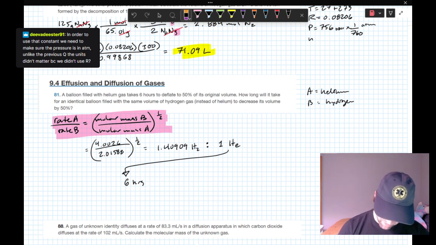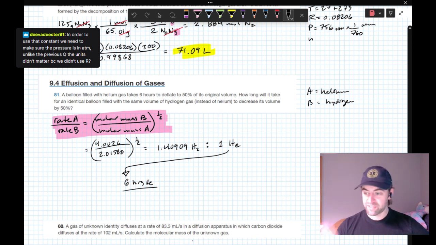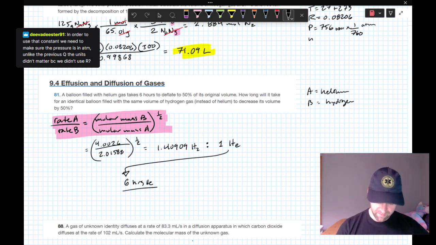No, I'm not going to do that right now. If helium takes 6 hours to get to 50%, and we have this ratio of 1.4 hydrogen to helium, we simply divide it and we get 4.3 hours.